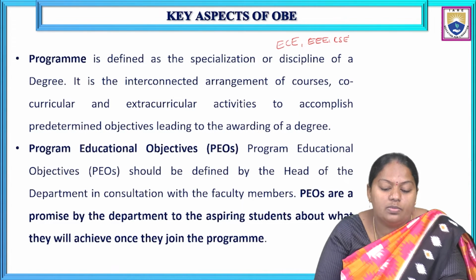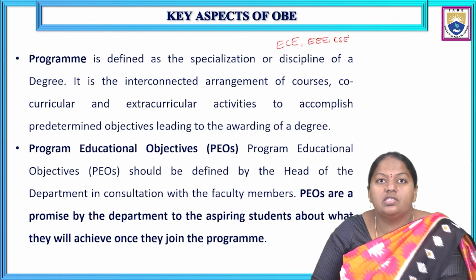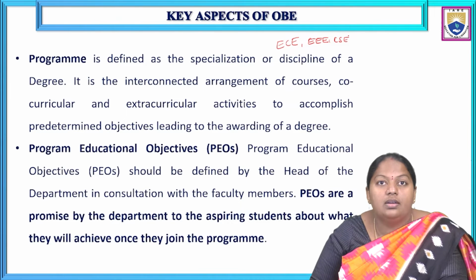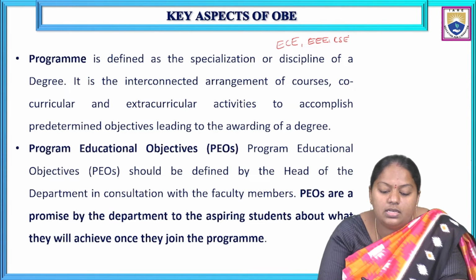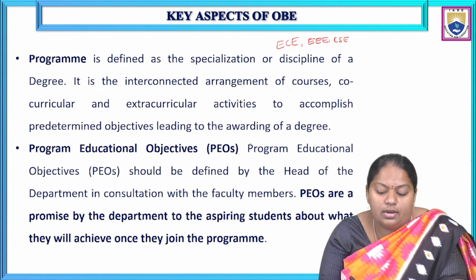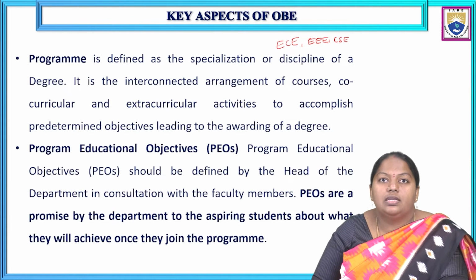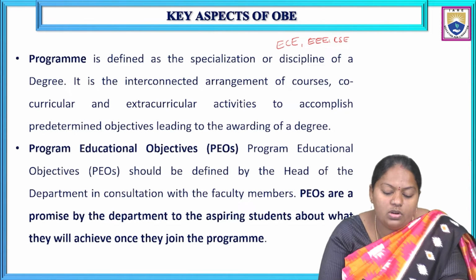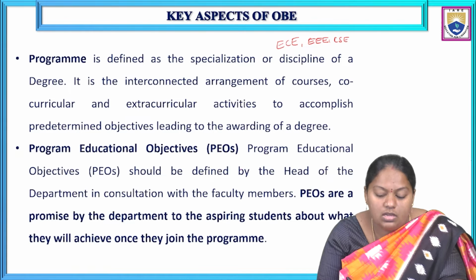Program is nothing but a branch, specialization, or discipline of a particular degree course. It is the interconnected arrangement of courses, co-curricular and extracurricular activities to accomplish predetermined objectives leading to the awarding of a degree.